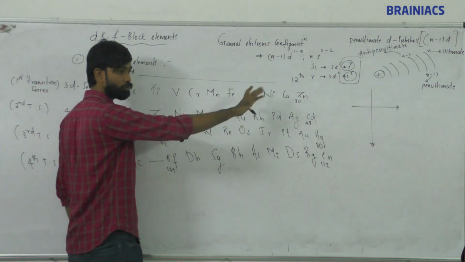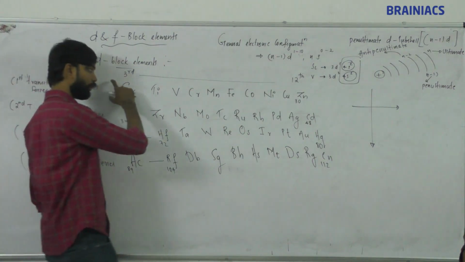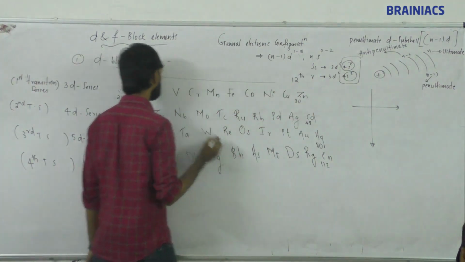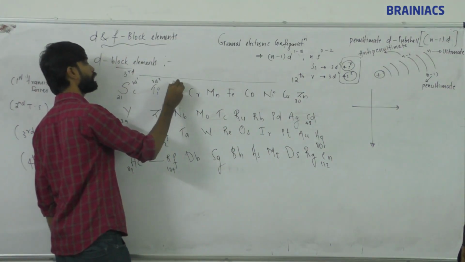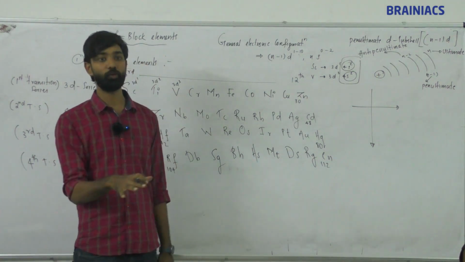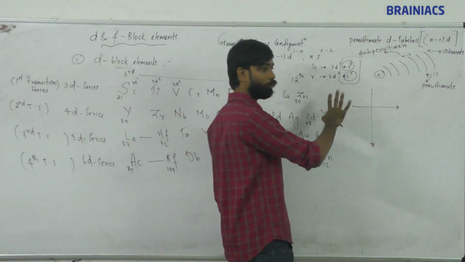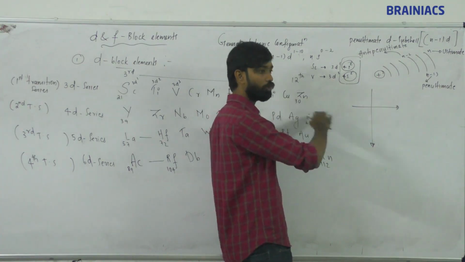They all generally have 4s2, though exceptions are there. They differ in that this one has 3d1, this one 3d2, 3d3, so they differ only in inner electrons, but the outer electron is the same. That's why they have the same kind of properties and are discussed in a horizontal pattern.